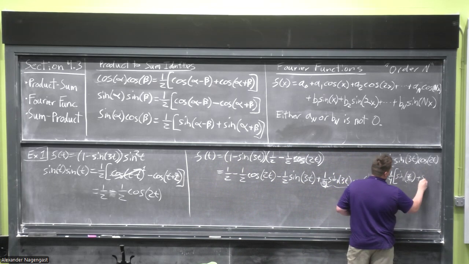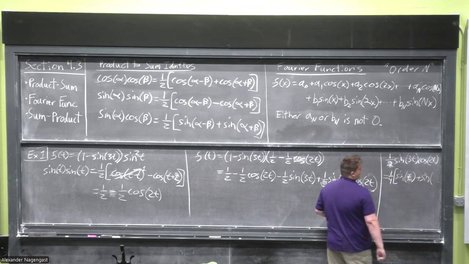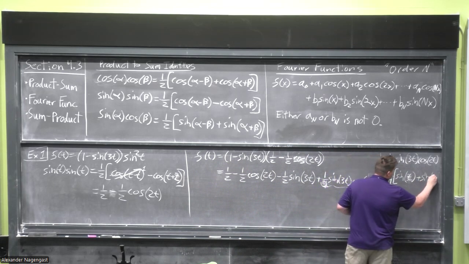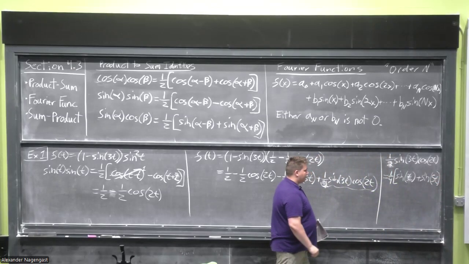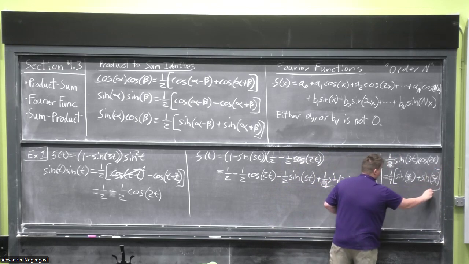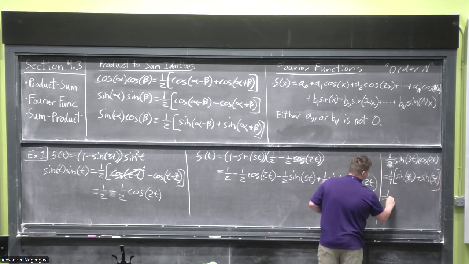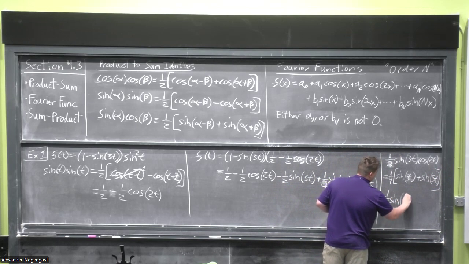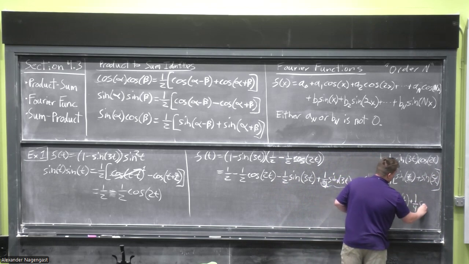We're going to add sine of 3t plus 2t, which gives us 5t. Distribute the 1/4, and we get 1/4 sine of t plus 1/4 sine of 5t.